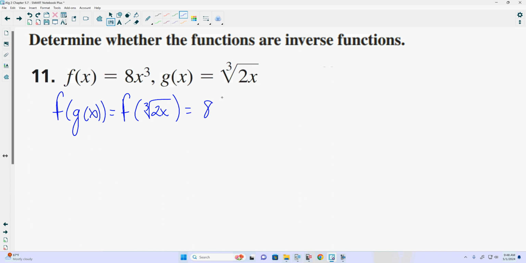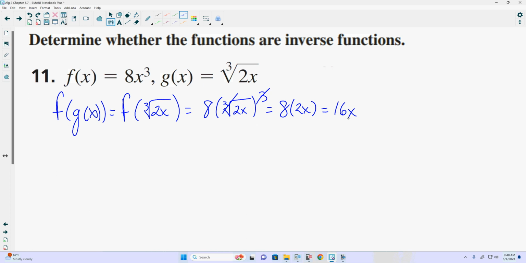But here, if we plug this in, the cube root and cube would cancel, telling us we have 8 times 2x, which is 16x. I know I'm doing that pretty quickly, but it doesn't matter what g of f of x is. If one of these is not x, it's not going to work.